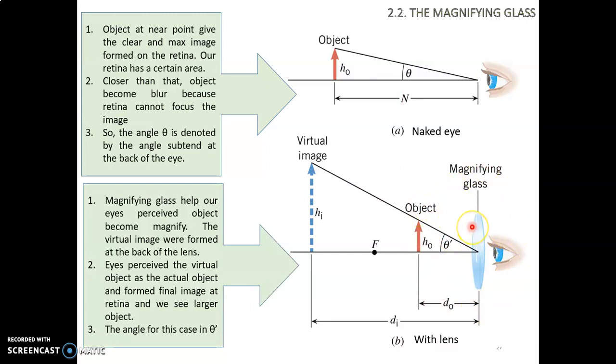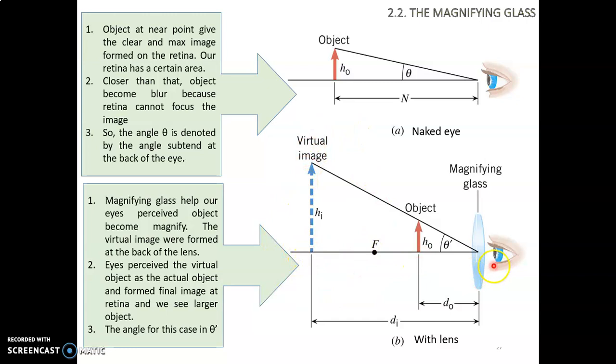A magnifying glass uses a converging lens, which has a small focal length. Here, this is the focal length of the lens, and this is where we place the object. From this lens, the image will form in front of the lens, which is a virtual image.